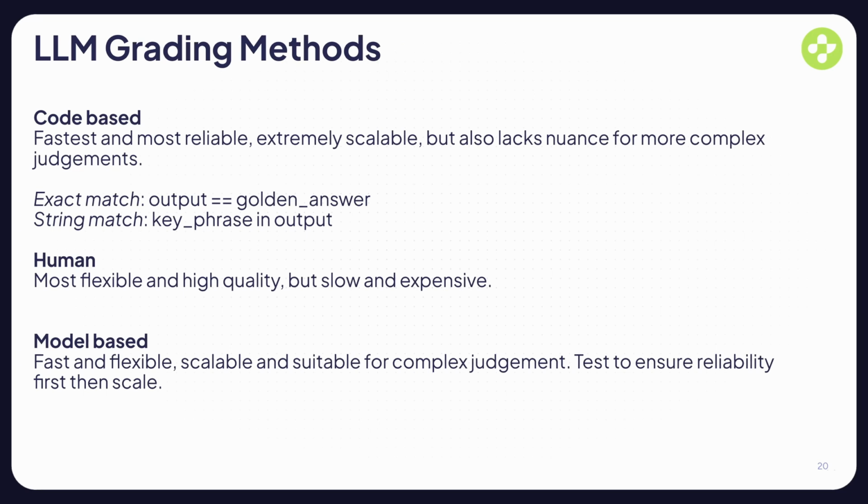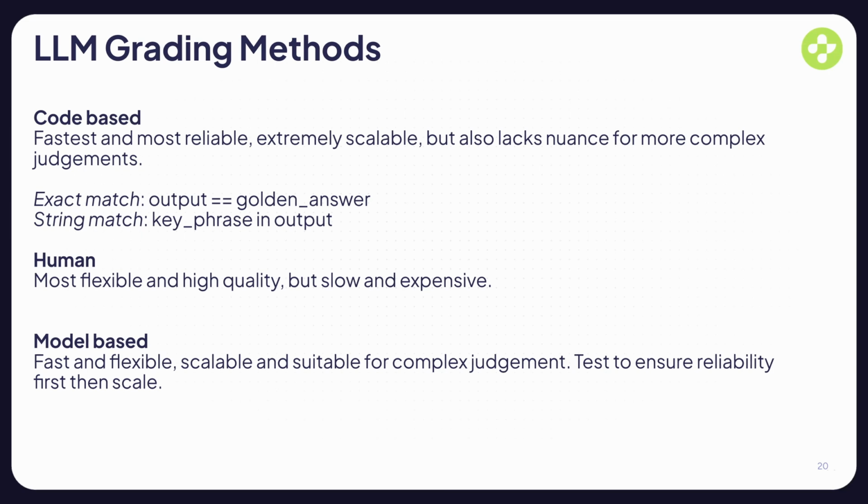So there are different methods when it comes to checking if a model performs well on a given test data set, test sample. One is what we can call code-based, which is what you know from unit tests, where you're just checking if the output of a model is an exact match to what you would expect. You're just comparing a number or a specific word or a Boolean. But with large language models, you can also generate quite complex texts, like a whole email, and then those things become much more difficult.